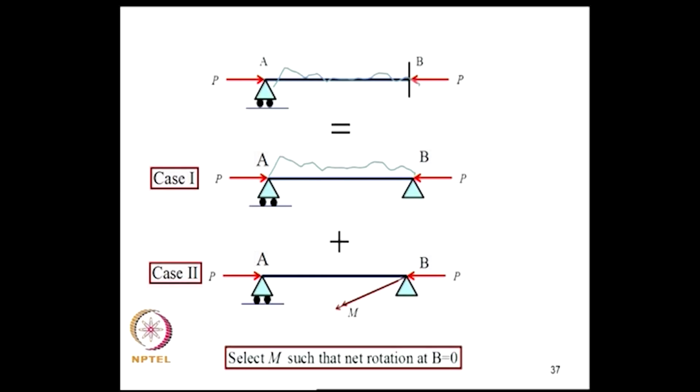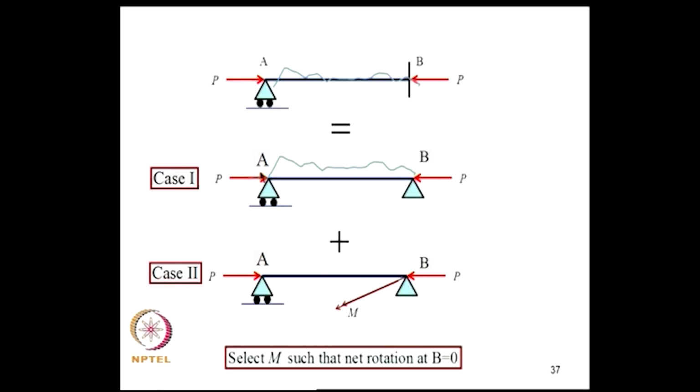Now, to illustrate, we can consider a propped cantilever where end B is now clamped. I apply load P here and some transverse load q of x on that, and I will consider two problems, in both of which the fixed end is replaced by a hinge.